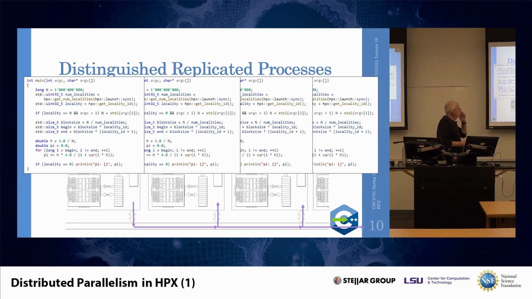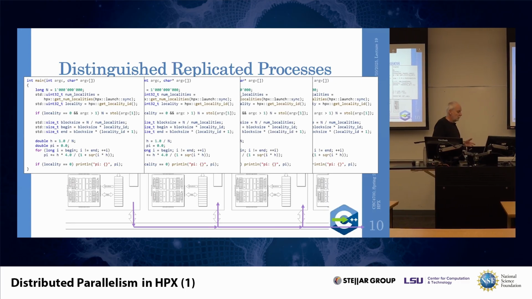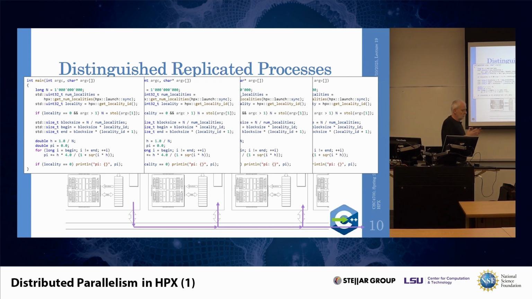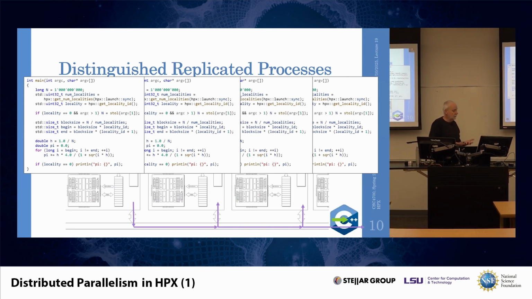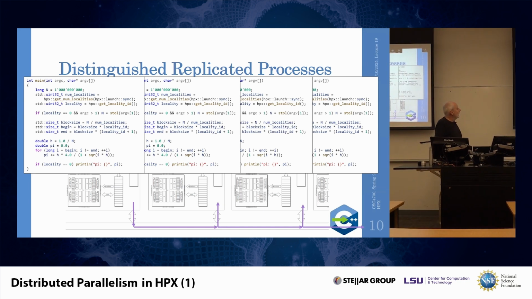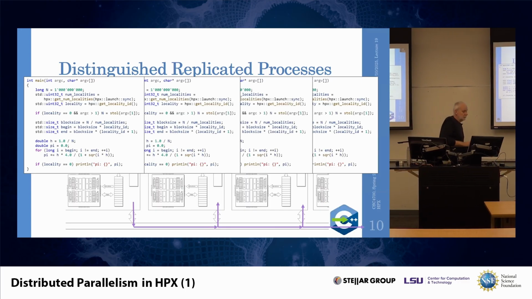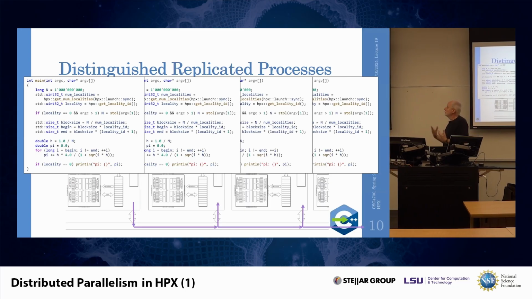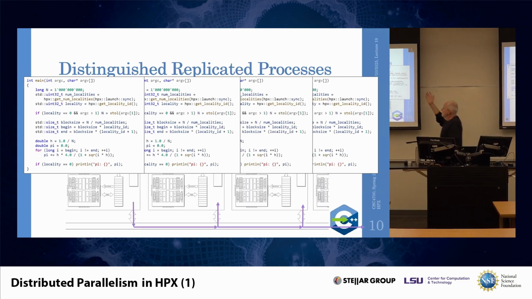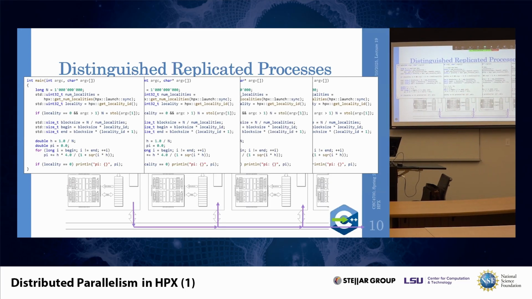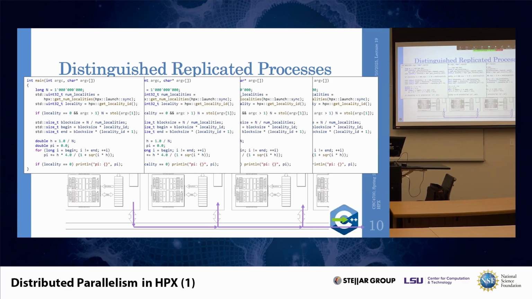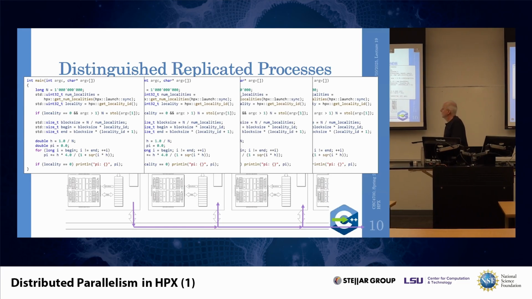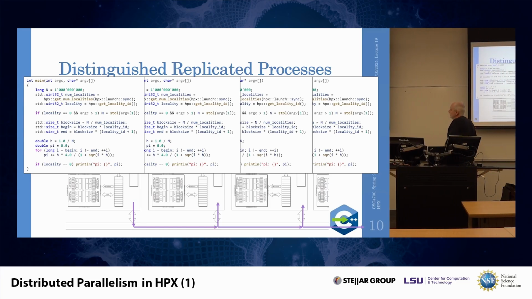One function, get_num_localities, gives us the number of connected processes in that collective application. And the other one is called get_locality_id, which gives us a sequence number from 0 to n-1, representing a unique number of each of those processes, which allows us to do the computation of the begin and end iteration separately on each of the localities.